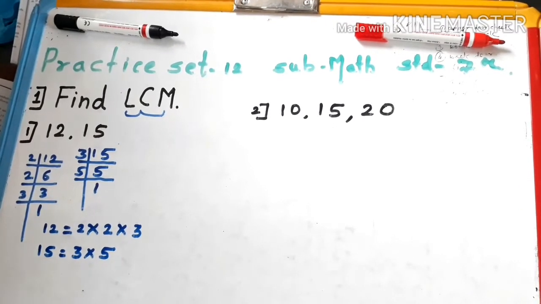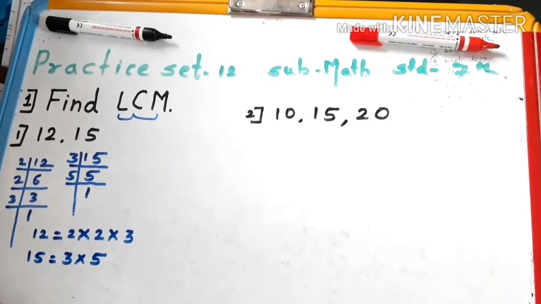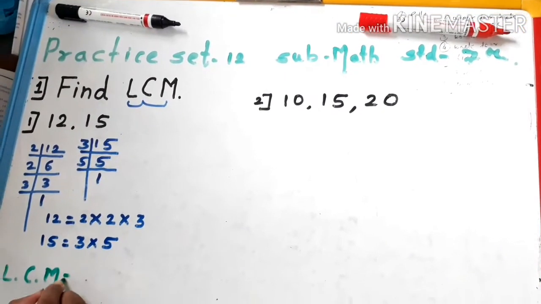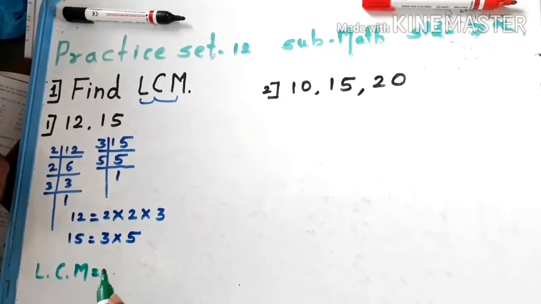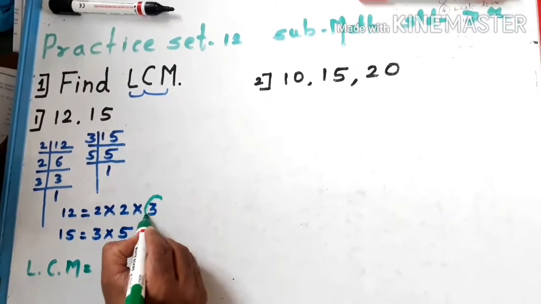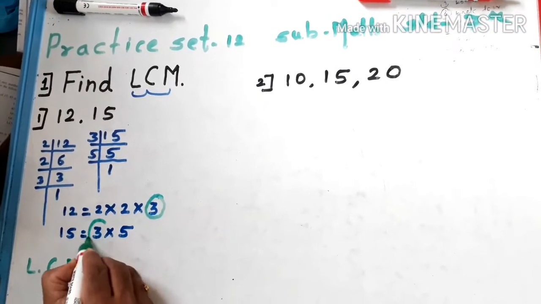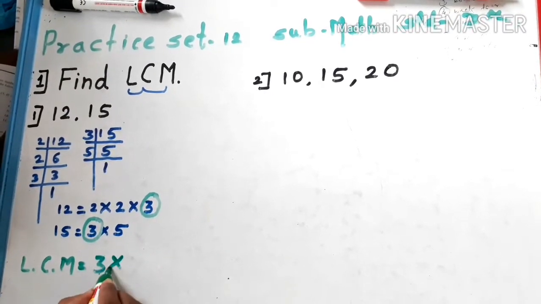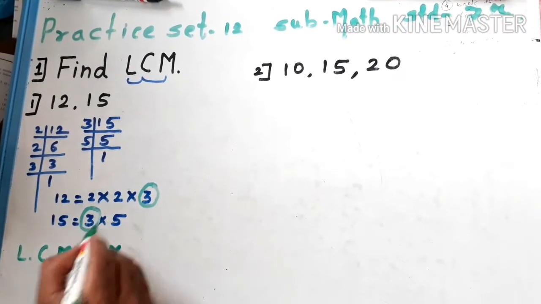So LCM is equal to: take the common factor one time. This is the common factor, 3. But the uncommon factors also are taken in the LCM.